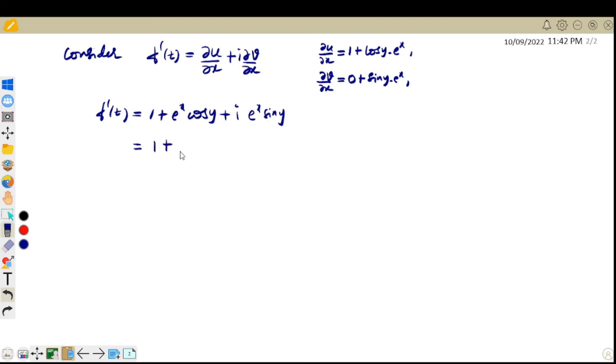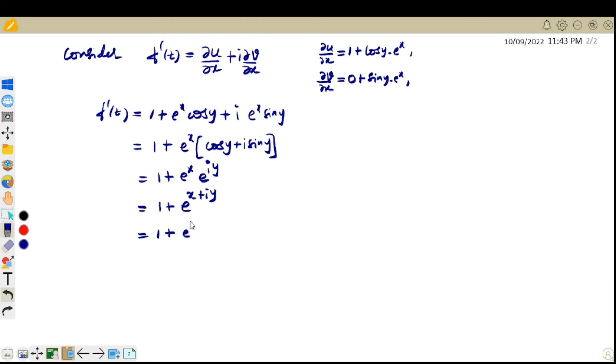In second and third term, e raised to x is common and write it as cos y plus i sin y, which is equal to 1 plus e raised to x into, you know that cos y plus i sin y is same as e raised to iy, which is equal to 1 plus, when bases are same, powers are added, e raised to x plus iy, and substitute x plus iy is z.